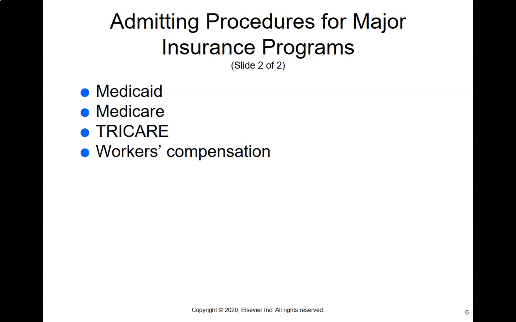Admitting requirements will differ among insurance companies. Between Medicare and Medicaid, the treatment authorization form is required for Medicaid patients. Pre-approval is not required for Medicare patients, but their admittance should be certified by the QIO. For TRICARE, what needs to be obtained for a civilian hospital is a pre-certification.